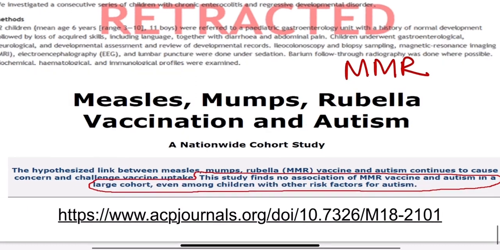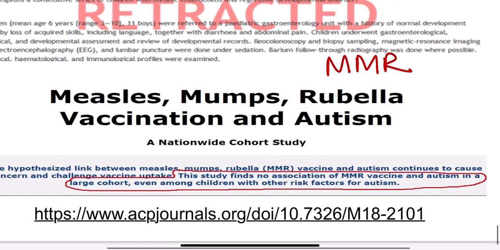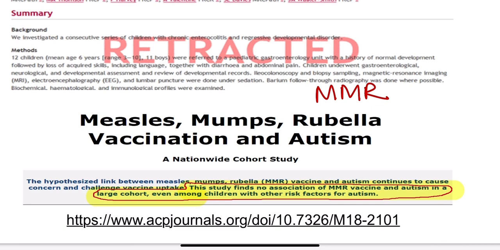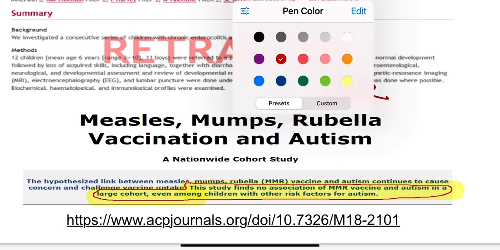Every single study that has been done since that time has found that there's no association of the MMR vaccine and autism. Large cohorts have been studied, even among children with other risk factors for autism, and there's been no link established. And you can certainly go read this article that I posted also here in this journal.